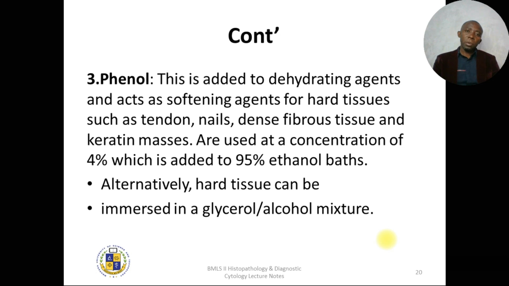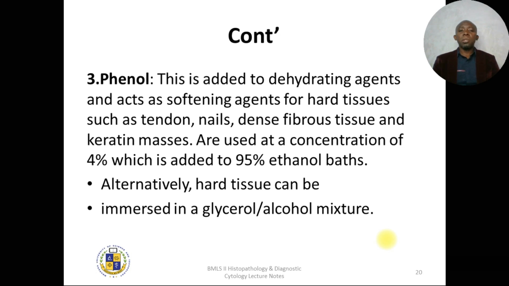And then number three, we have the phenols, and this is added to dehydrating agents and acts as a softening agent for hard tissues such as tendons. So these facilitate, so that when they make the tissue very soft, the dehydrant can penetrate the tissue very well and remove the excess of the water which is in the tissue.